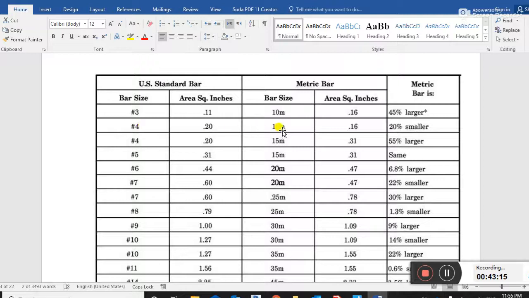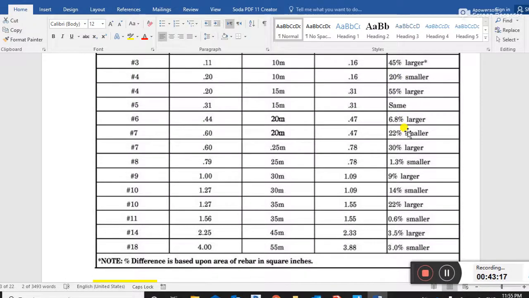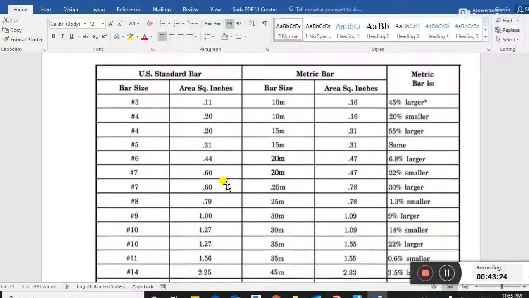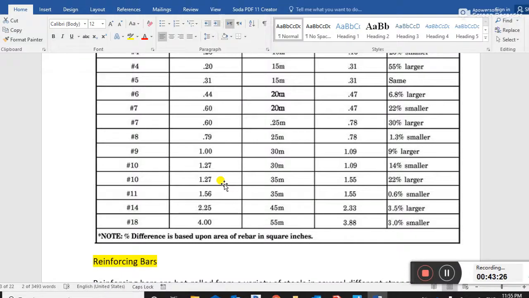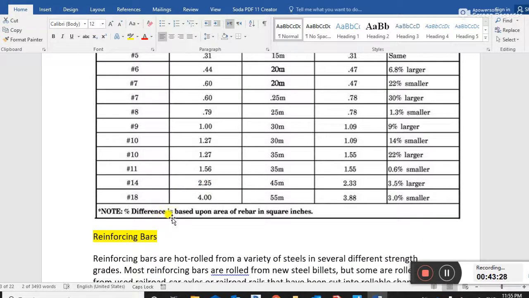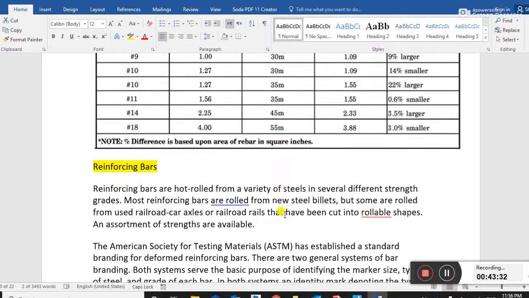For number 4, for 10 number, this is 20% smaller. You can read this by yourself, and you will come to know, guys. Note that the difference is based upon the area of the rebar in square inches.